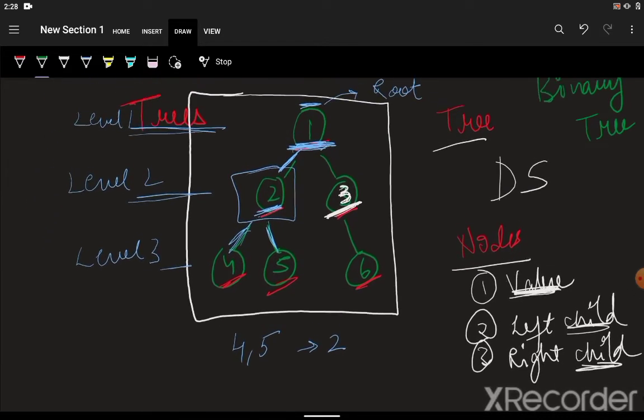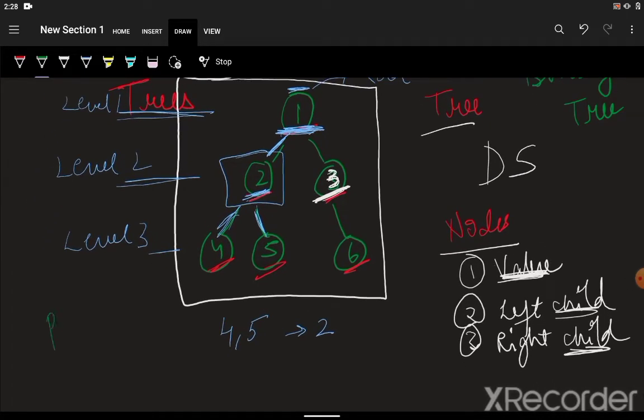A binary tree is a tree with a property. The property says that each node can have no children at all, one child, or two children at most. This is what a binary tree is like.